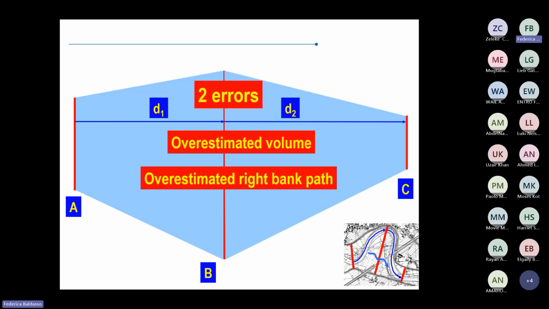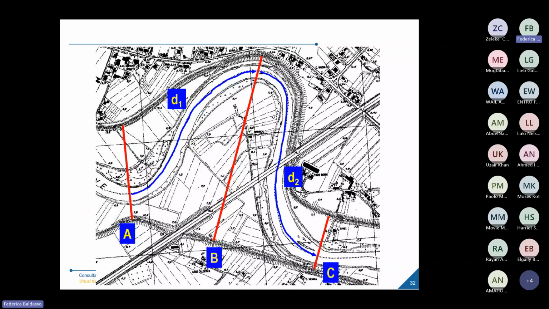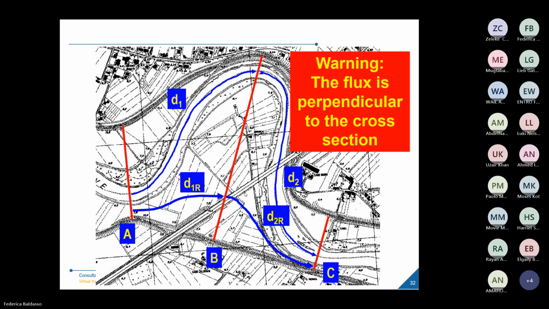This is a particular case. If the river is quite straight and there are no such bending curves, maybe using the same distance is okay. But keep in mind that in cases like this, it's important to specify three different lengths because this should be the correct distance to set for the right overbank. As I said, the flux is always perpendicular to the cross section.